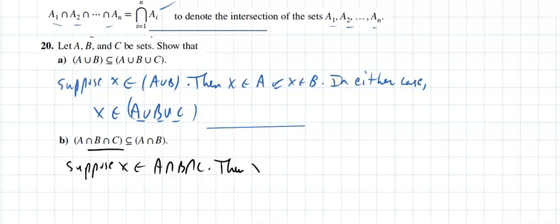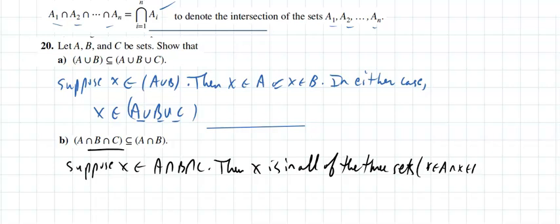Then X is in all of the three sets, meaning X belongs to A and X belongs to B and X belongs to C.